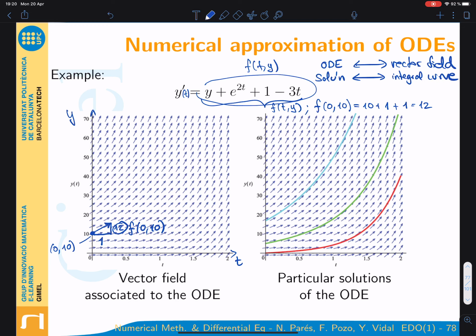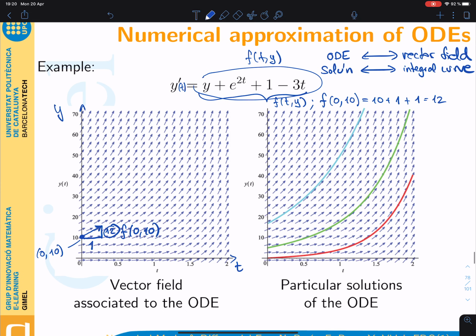That means a curve that is always tangent to the vector field. As we can see here, for example, this curve is always tangent to the vector field. So that could be a solution of the ODE. And this one, for example, could also be a solution of the ODE. These are all particular solutions of the ODE.